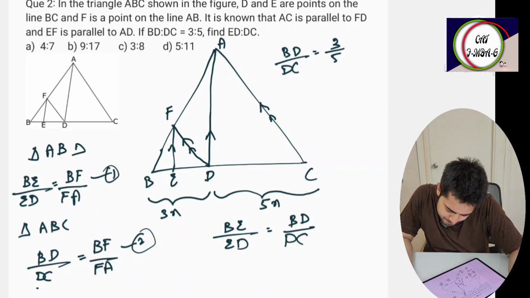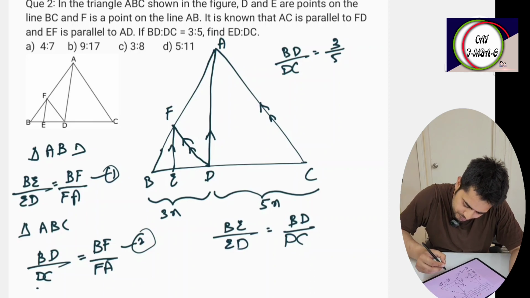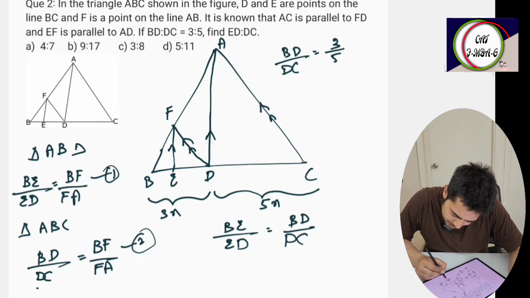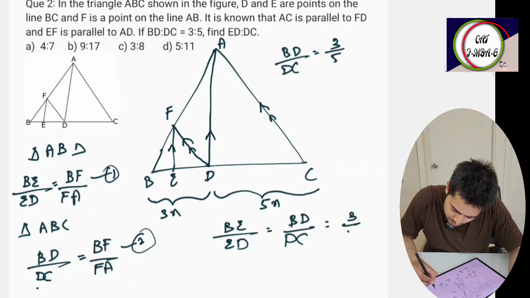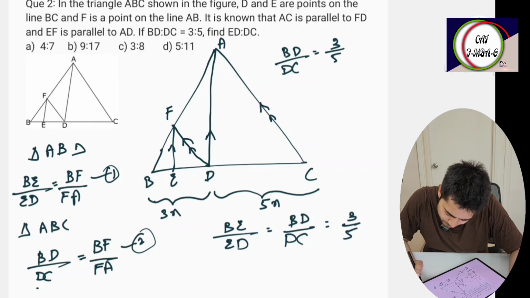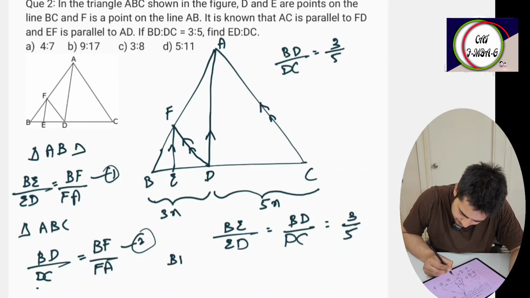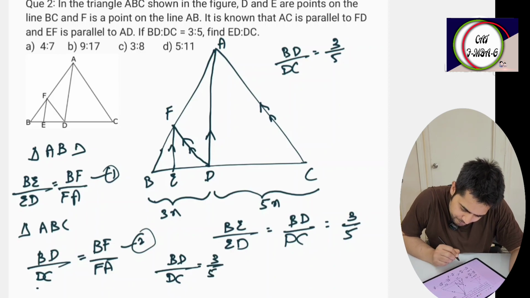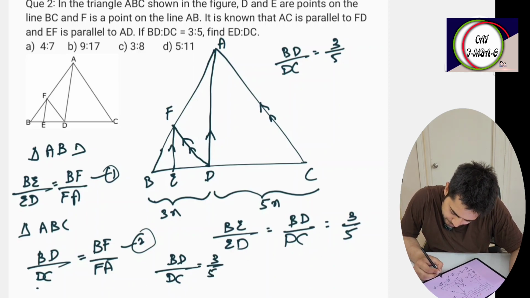BE by ED is equal to BF upon FA, and BD by DC is equal to 3 by 5. So BD is to DC is 3 is to 5. Since BD by DC is equal to 3 by 5, BD plus DC is going to be 8, and BE by ED is 3 by 5.